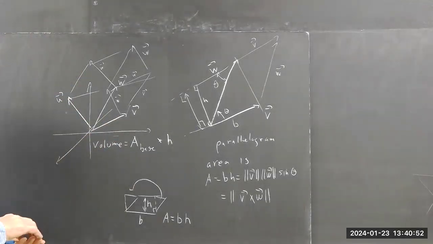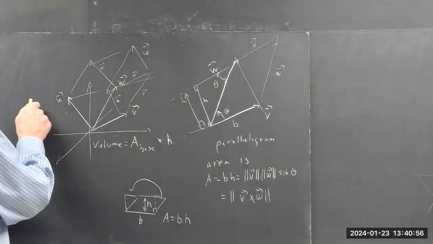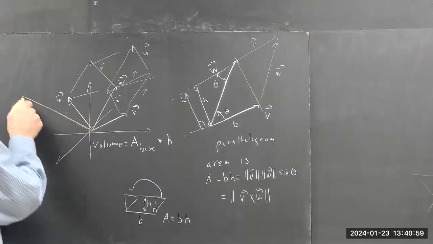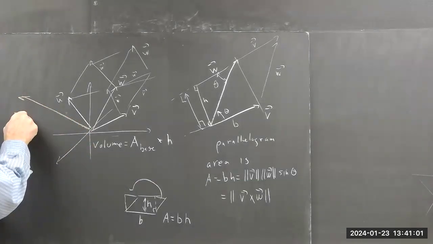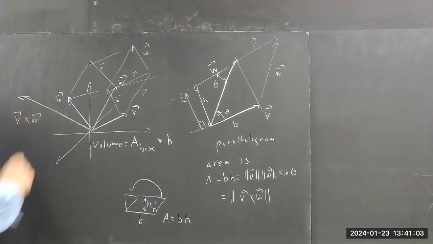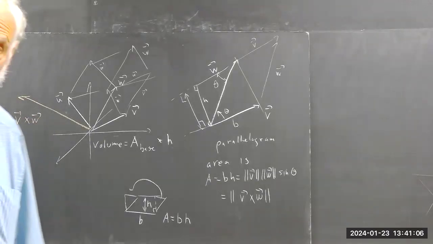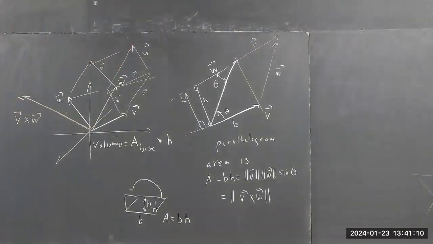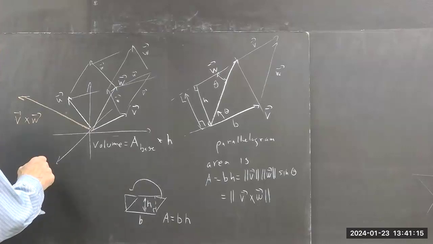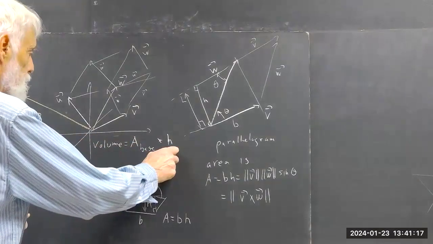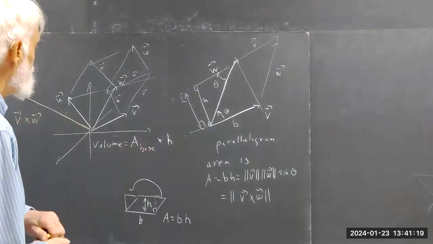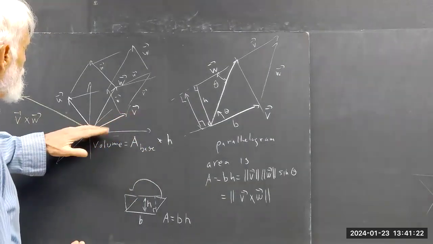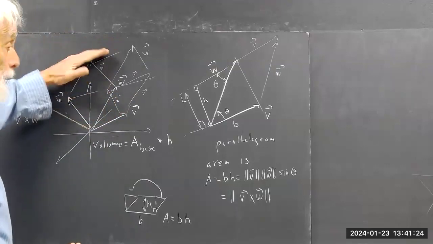But let's just say now that V cross W is here. Then the altitude, it's got to be measured as the distance between the base here and the base that we have up here.